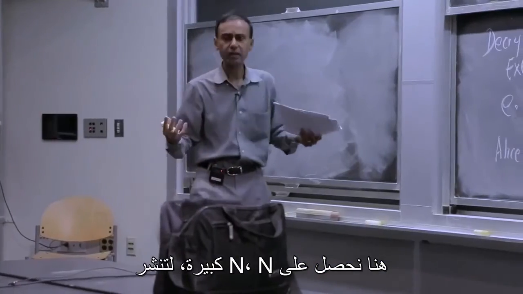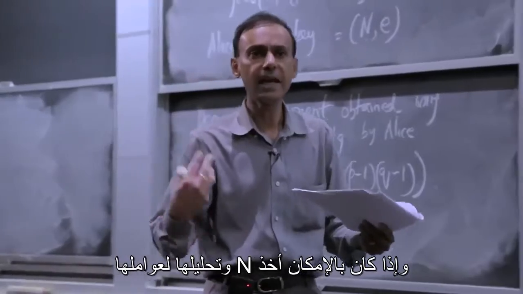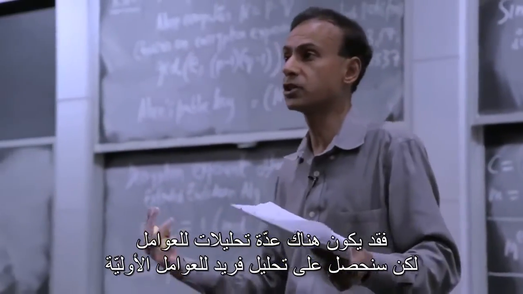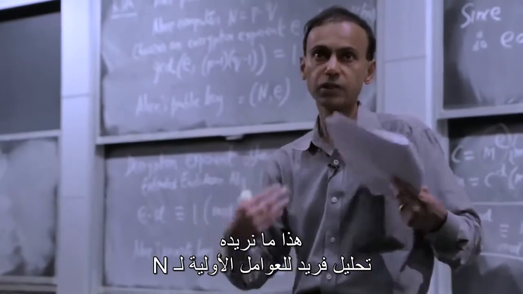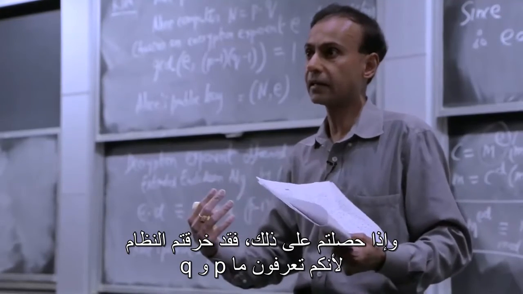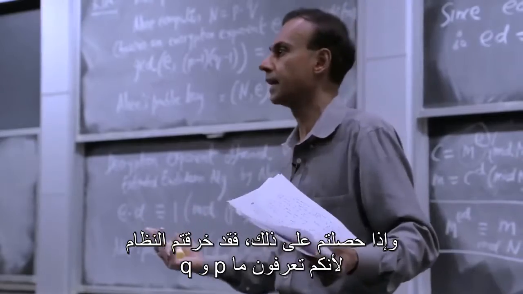Here you got n, capital N, being published, and if anybody could take n and factor it, and there may be multiple factorizations, but you're going to get a unique prime factorization. So that's what you want, that unique prime factorization of n. And if you get that, then you've broken the system, because you know what p and q are.